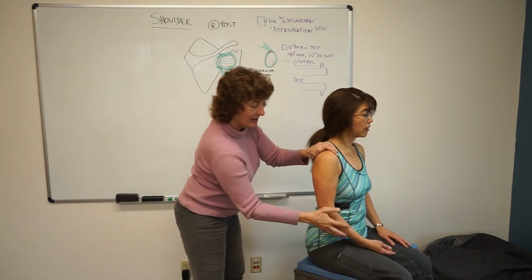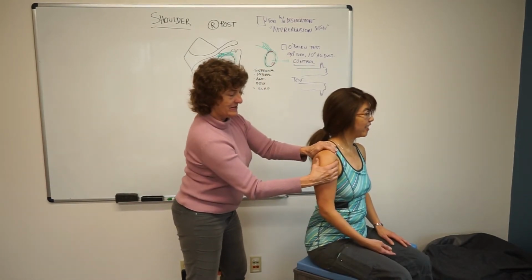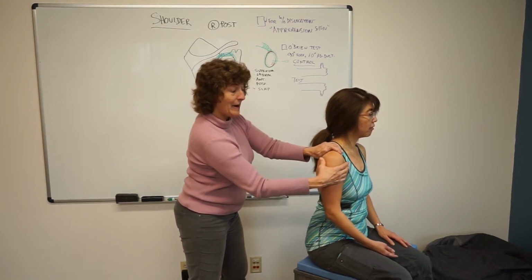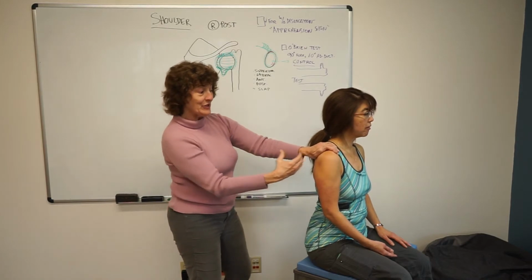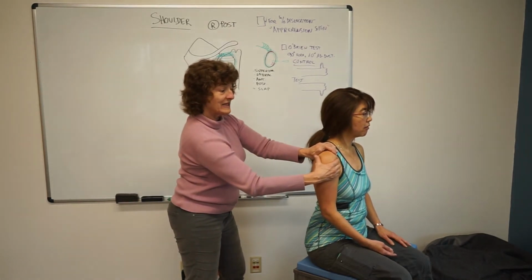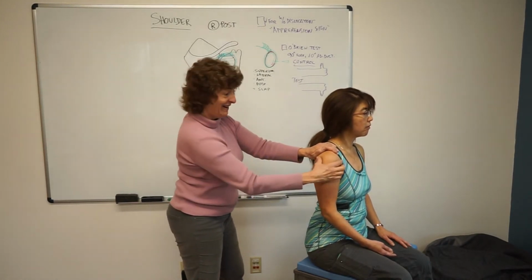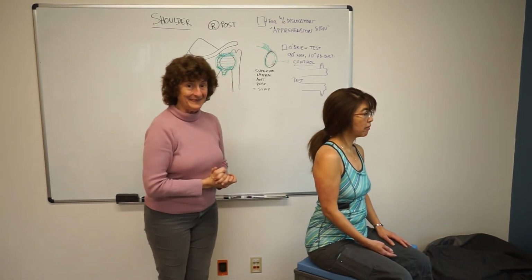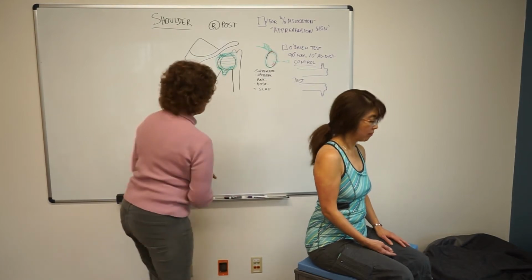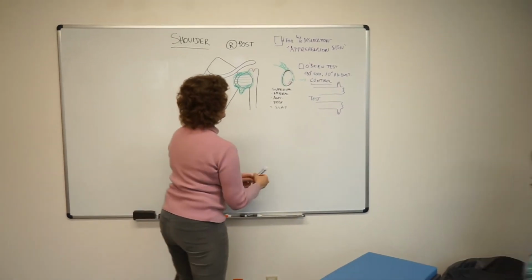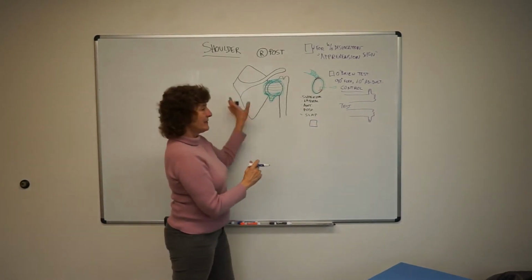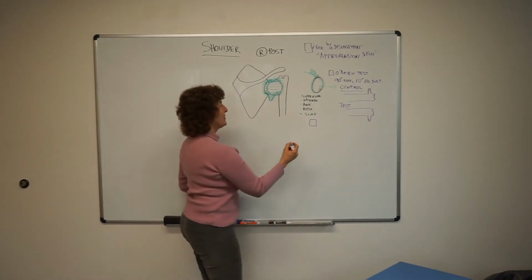I like to have the arm resting there. Now hers is stable, but a lot of times when you apply posteriorly directed force, it'll kind of clunk out. And that is positive for having laxity in the capsule. So I'm going to put that up here, and that will kind of conclude our discussion of the deep structures.